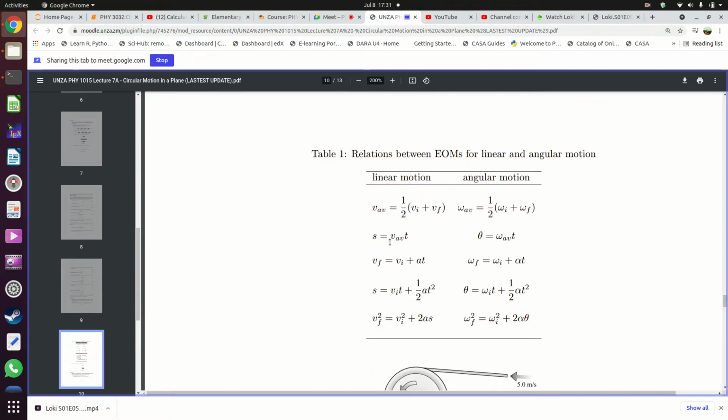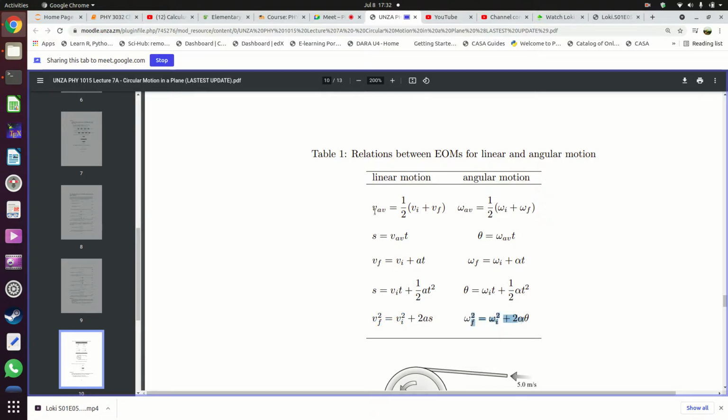So this table shows what we have done so far. So this equation, its angular counterpart is this one. For this equation, the angular counterpart is this one. For this equation, the angular counterpart is this one.